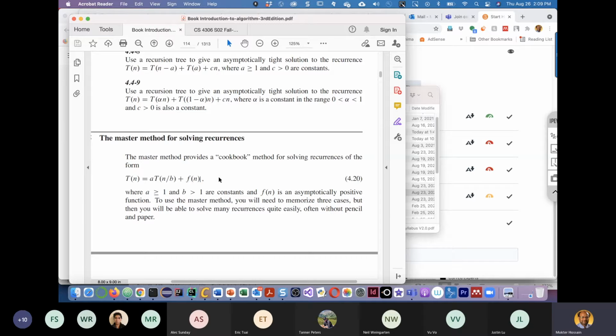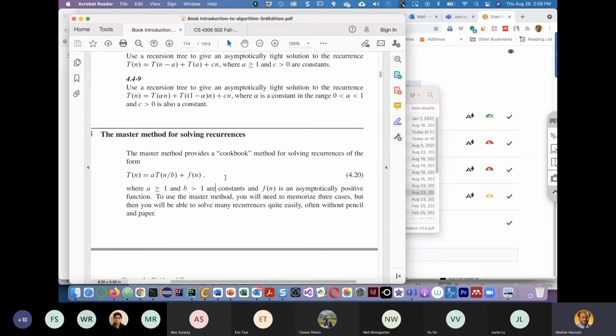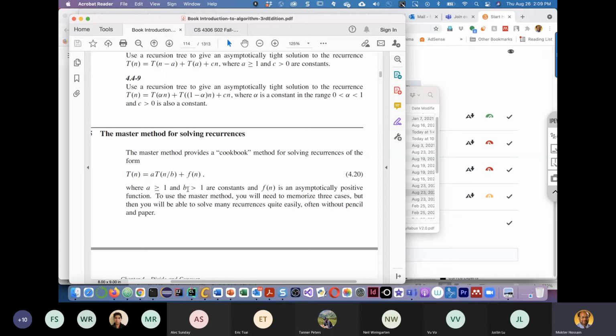This f(n) is another function that denotes the time needed for the divide and conquer process. We know that master theorem is used for divide and conquer, and a and b are positive constants: a greater or equal to 1, b greater than 1, and f(n) is an asymptotically positive function.